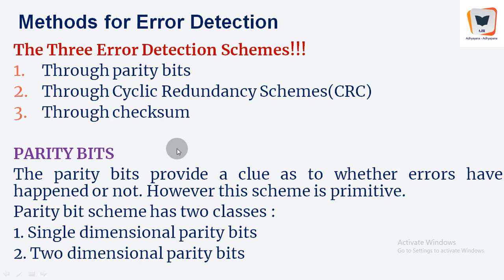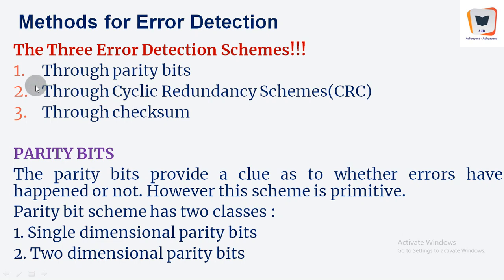That is, the one's complement of the sum of all the bits in a segment is the checksum. Therefore, we will avoid discussing this third method and shift it to our next tutorial because it is very lengthy.